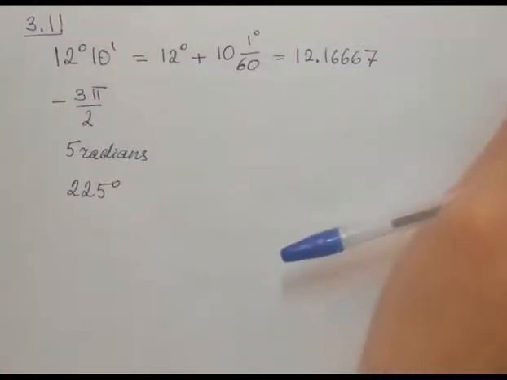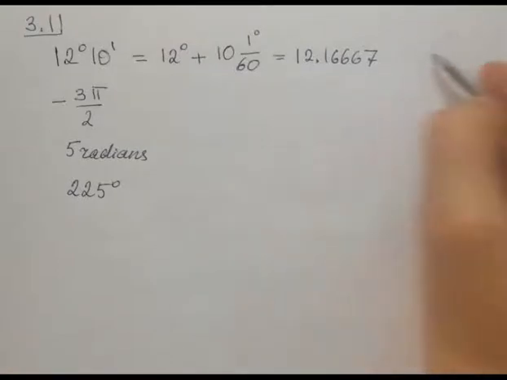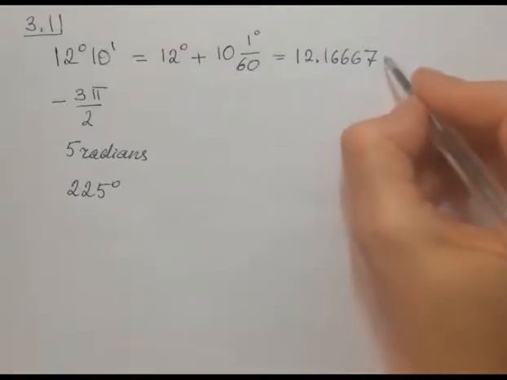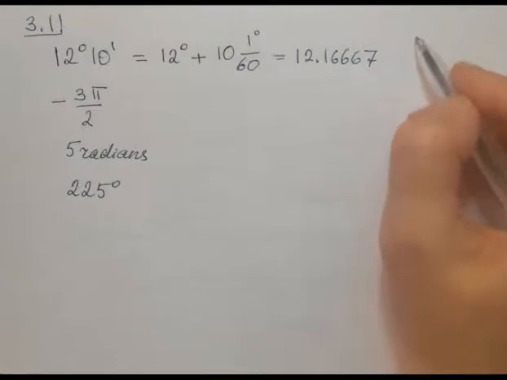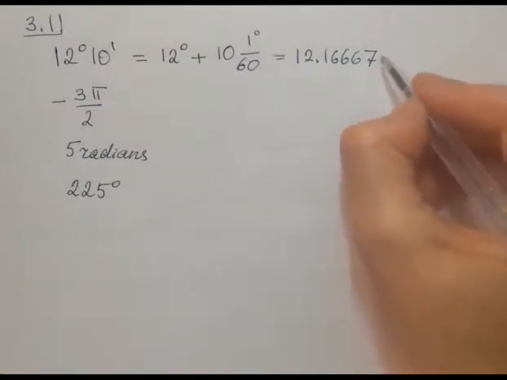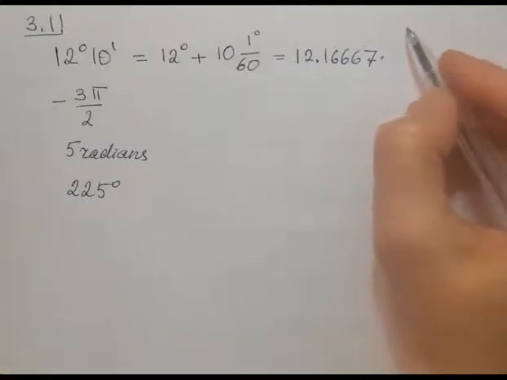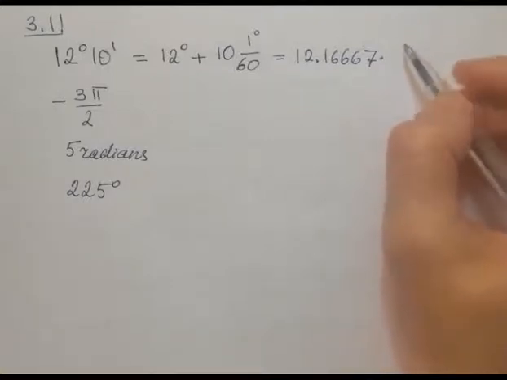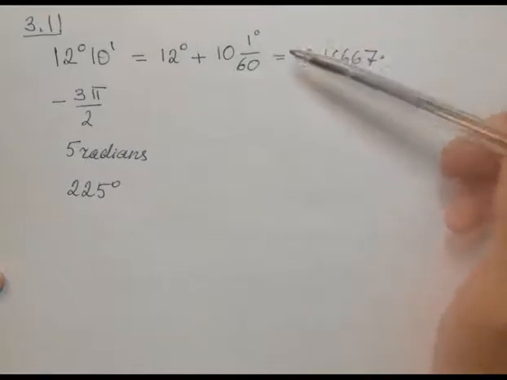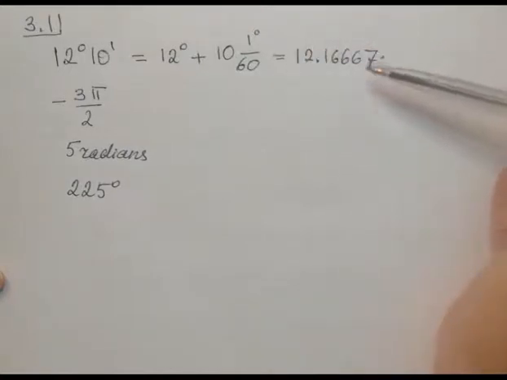Now let us convert it to radians. So we must multiply by pi over 180 or 180 over pi. It is easy to choose which fraction when you remember that we want to get an answer in radians.